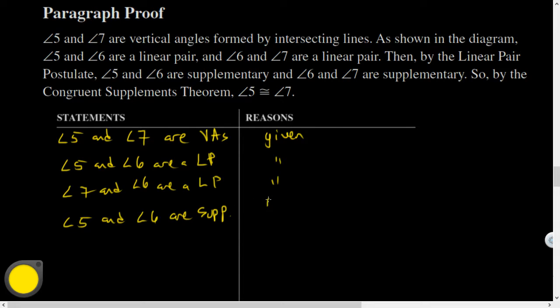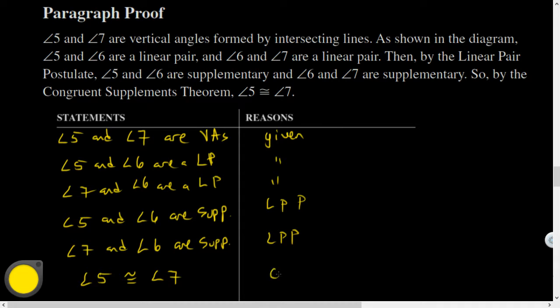The reason that's true is the linear pair postulate. And then I could also say angle 7 and angle 6 are supplementary by the LPP. And then I believe I could say angle 5 is congruent to angle 7. So there are multiple ways I could have proven this if I didn't know the congruent supplements theorem.